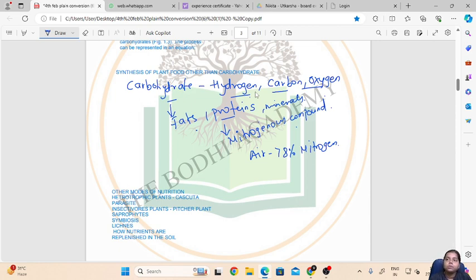They absorb carbon dioxide directly, but in the case of nitrogen they cannot. You know why? Because this nitrogen has to be present in the soluble form so that they can absorb it. Understood? So here we have to convert the nitrogen from the air into soluble form, and after that the plants can take it.